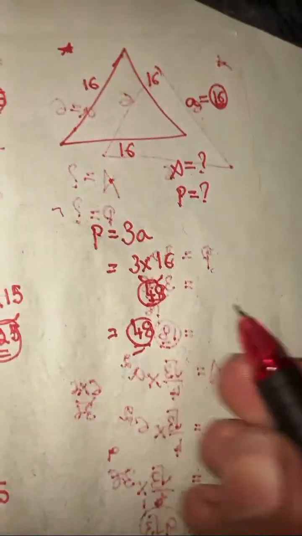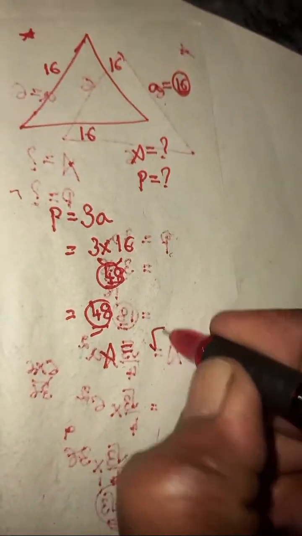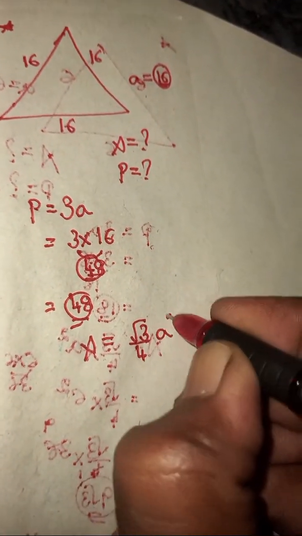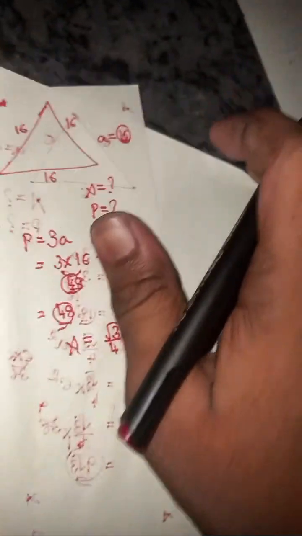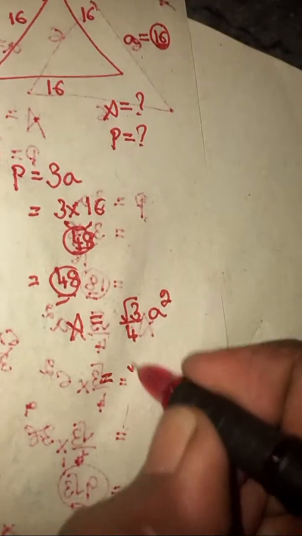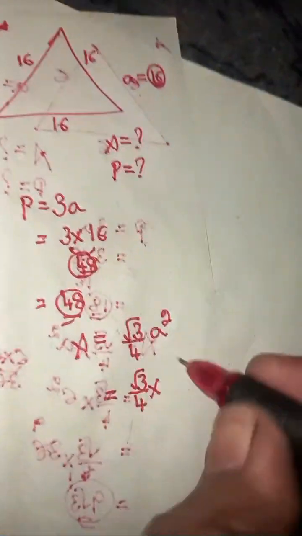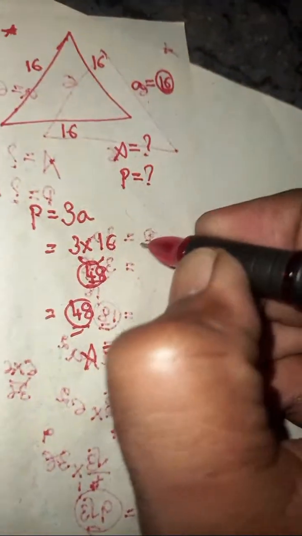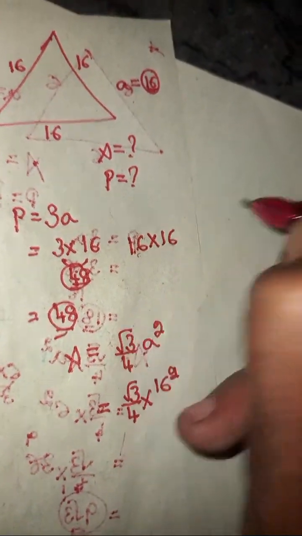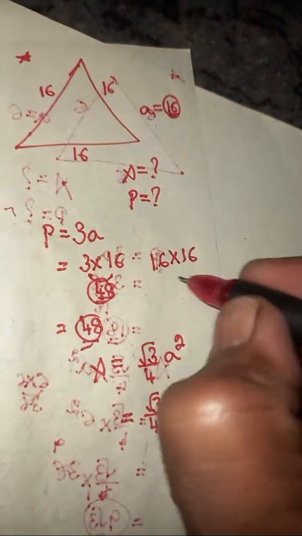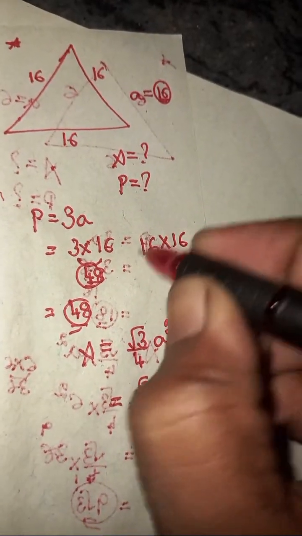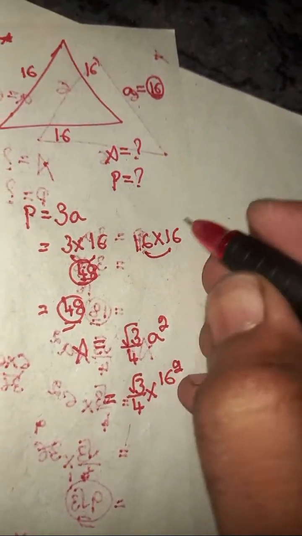Let's find the area. Area is root 3 by 4 times a squared. That means root 3 by 4 times the side length squared. 16 squared you can write as 16 times 16. 16 times 10 is 160 and 16 times 6 is 96.